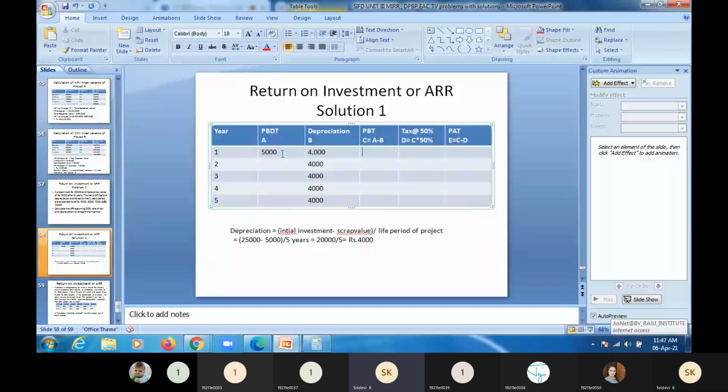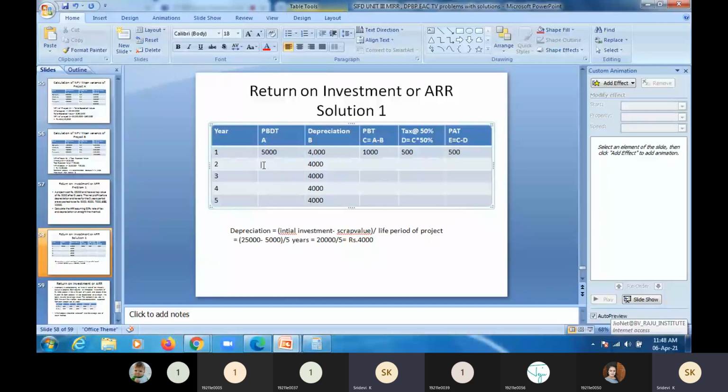So that means 5,000 minus 4,000 will get here. Result will be how much? 1,000. No? So PBT. So on 1,000 you are going to calculate 50 percentage. 1,000 into 50 percentage will give 500. You deduct from this 1,000 500. That means how much you will get? 500.